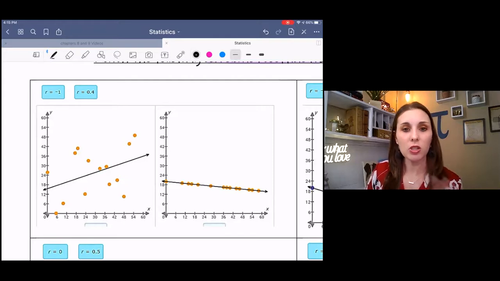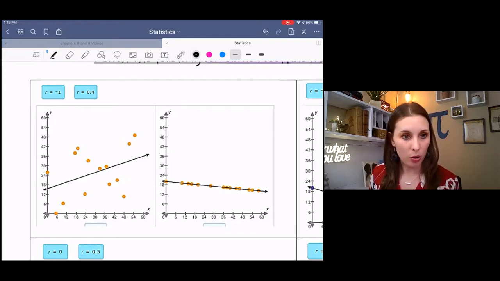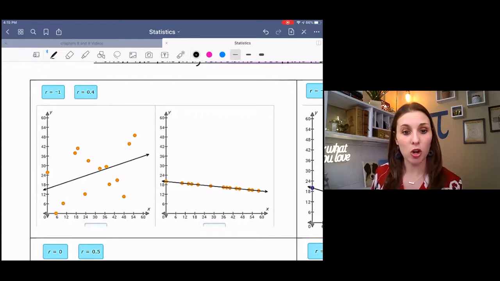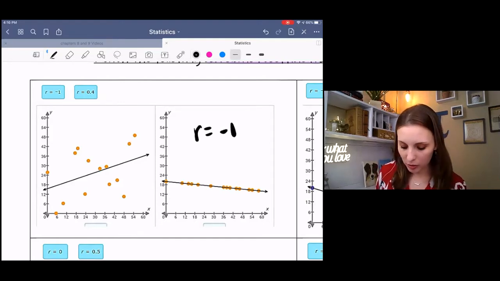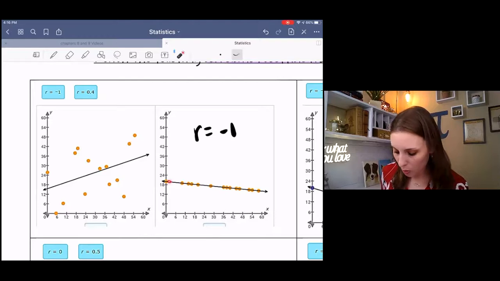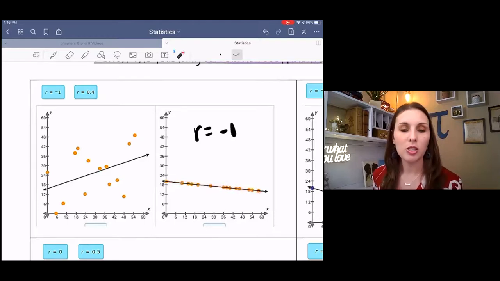So which of these graphs would you guess follows a very strong negative relationship? If you guessed the right one, then you were correct. It's not necessarily that the slope is -1, it's just the strength of the relationship.